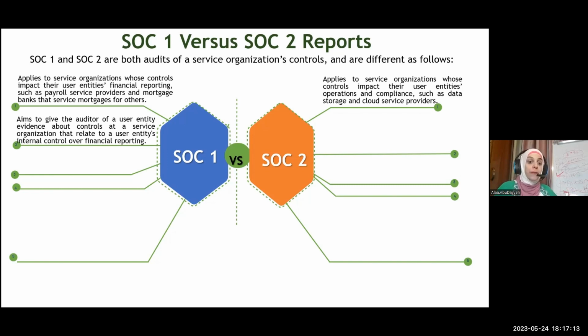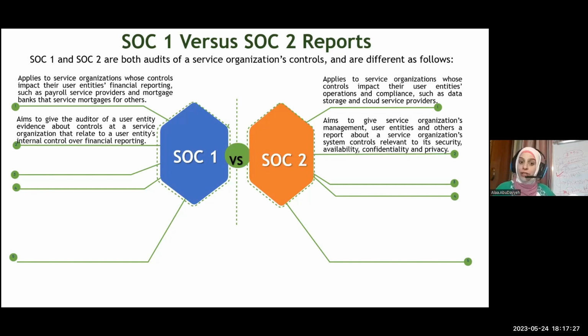SOC1 reports aim to give the auditor of a user entity evidence about controls at a service organization that relate to a user entity's internal control over financial reporting.